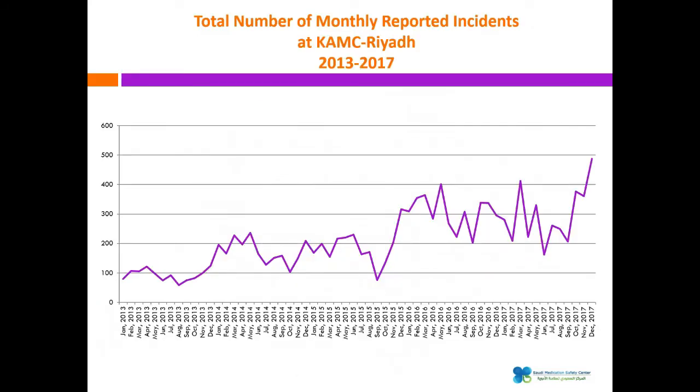So we can see on this slide the number of monthly incidents that are reported over 4 years in our hospital. You can see there are some peaks and some troughs. The troughs are mostly related to the vacations. When people are away for the Eid vacations, the reporting drops.